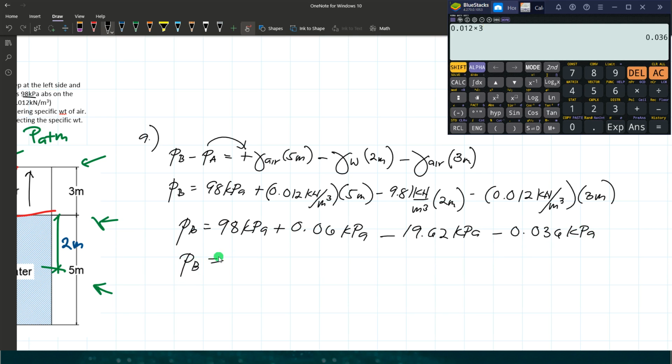Okay, combine like terms, just add them all. 98 plus 0.06 minus 19.62 minus 0.036. So the answer is positive 78.404 kilopascal. That's your answer for the pressure at point B.